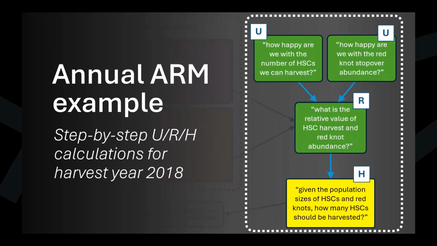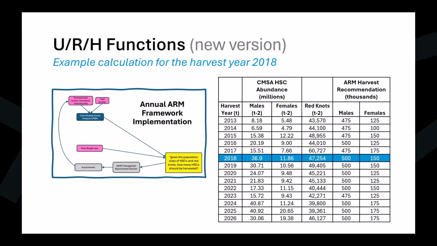Now, just like Connor did, we'll go through an example year to calculate the utility reward and get the harvest recommendation for 2018. Or I guess we already have the harvest recommendation for that year. So some differences here from what Connor showed in our revised arm. We're looking 2 years into the past to find this year's harvest.